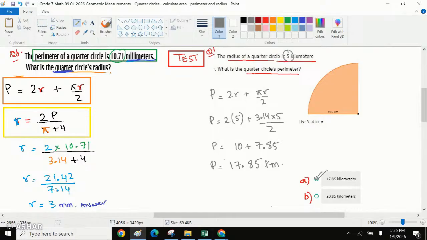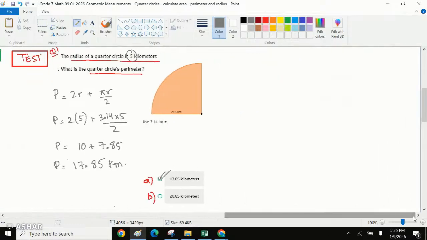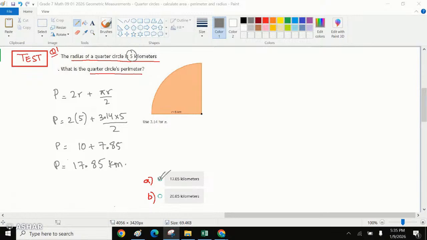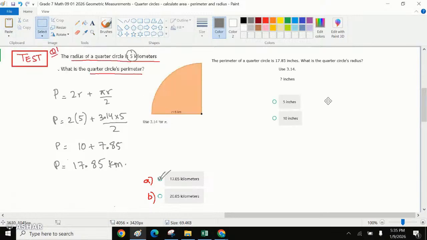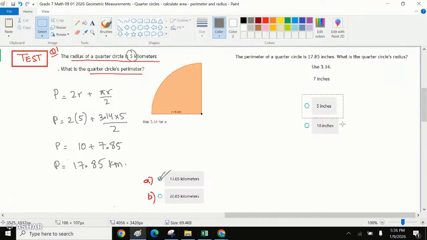Okay, let's look at another question. For question number 2, the answer to question number 1 was 17.85. Let's look at the second question and the options given to us. In question number 2, they're saying the perimeter is given to us. These are the two given options.